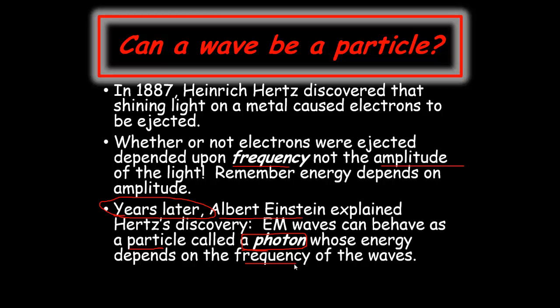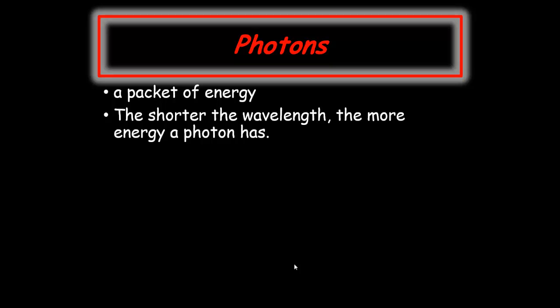So that's what you need to know: we have these particles called photons that depend on what energy the wave is at. Photons are a packet of energy. The shorter the wavelength, the more energy a photon has.